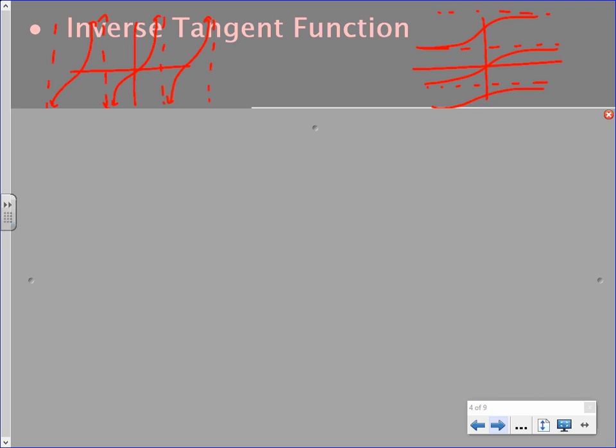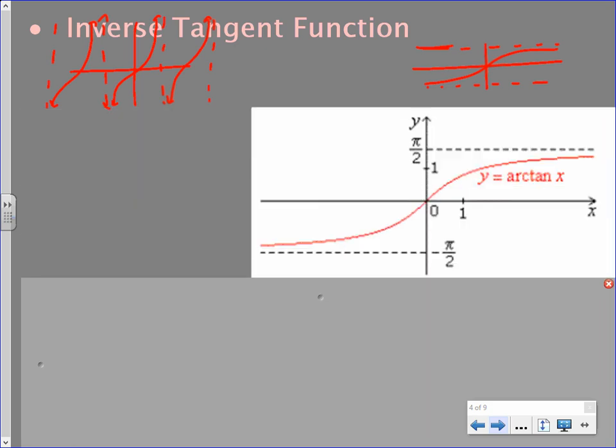That's going to happen over and over and over. Is that a function? No. So what happens very similarly to arc sine is we are going to restrict the range here to look like this. This is the graph of arctangent.